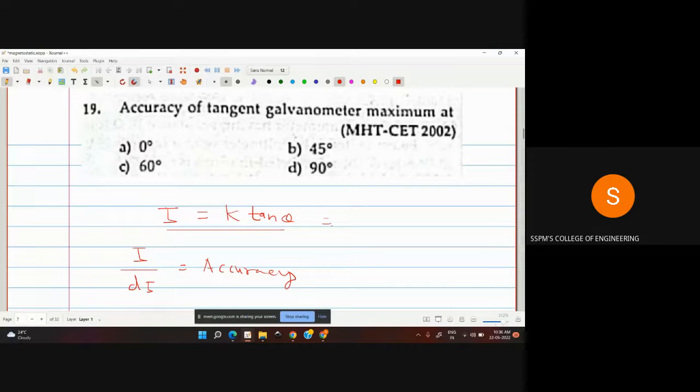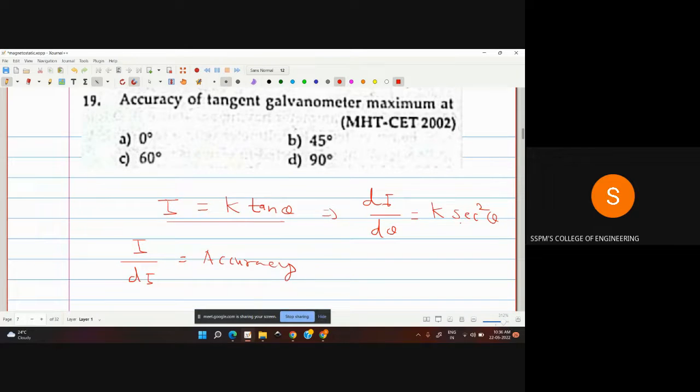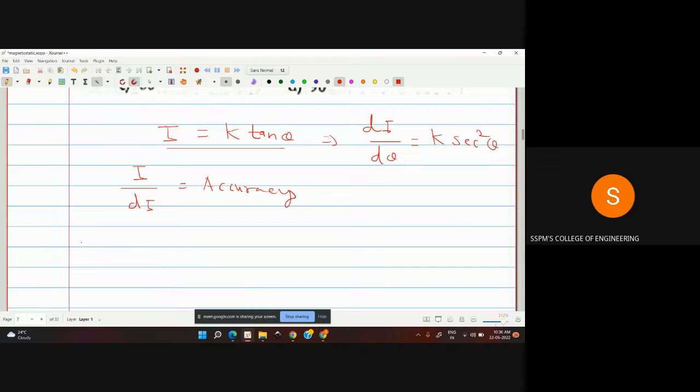So what will be dI by d theta? dI by d theta is equal to K sec square theta, isn't it? Differentiation of tan theta is sec square theta. So dI is equal to K sec square theta into d theta. And I is known, I is K tan theta.